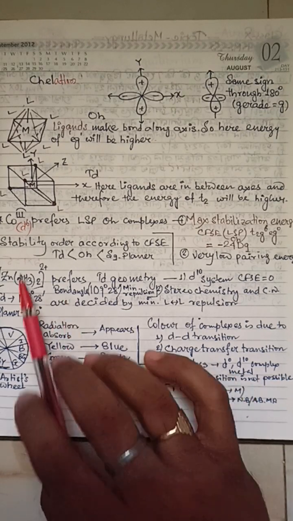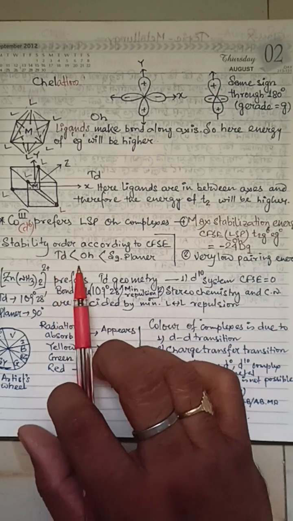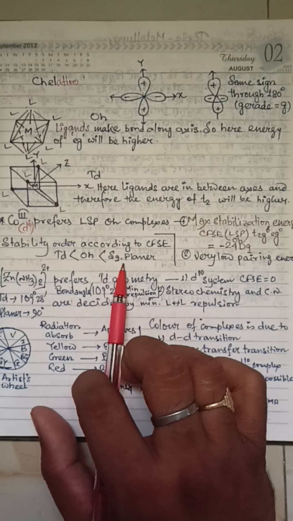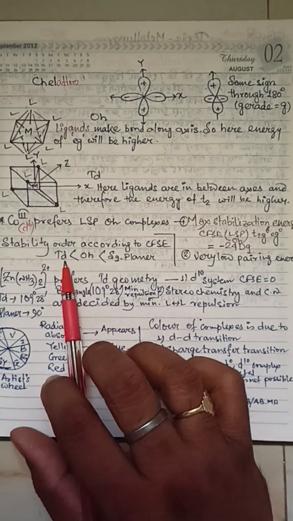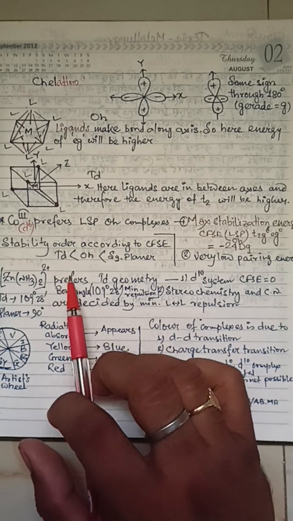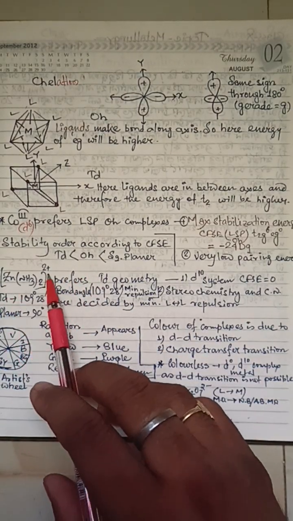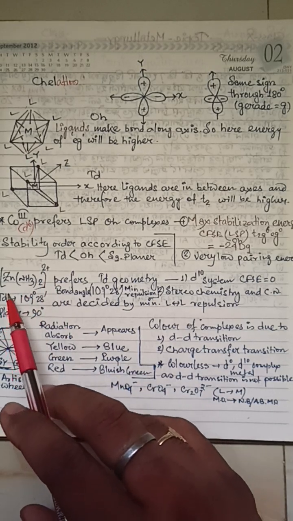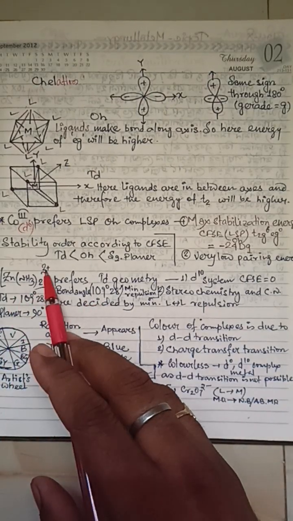Now we already know the stability order according to CFSE value: square planar geometry has the highest CFSE value, whereas tetrahedral has the lowest CFSE value. Again, the zinc 2+ ion forms complexes with ammonia. That means [Zn(NH3)4]2+ prefers tetrahedral geometry. Why? Because the zinc 2+ ion is a d10 system.